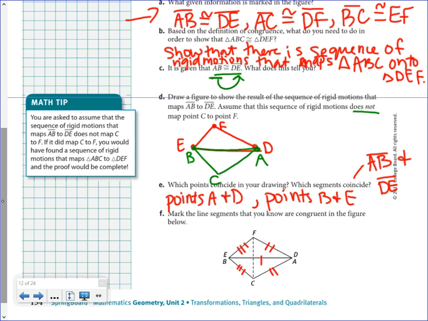So now if you go ahead and go to the next page, G says, based on the figure, how is ED related to FC? So ED and FC are perpendicular.